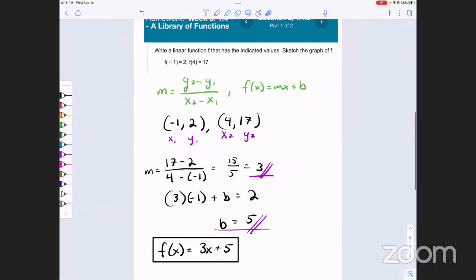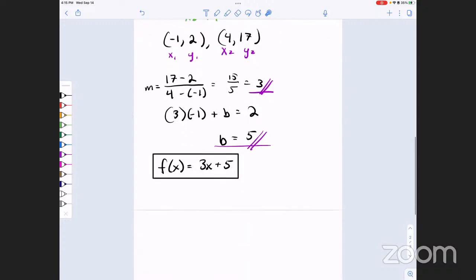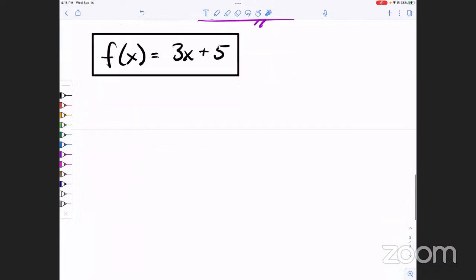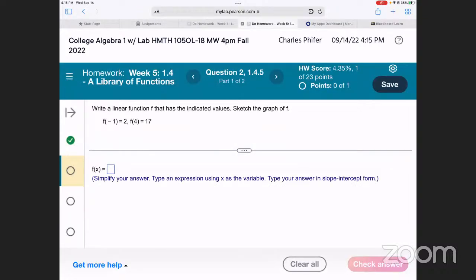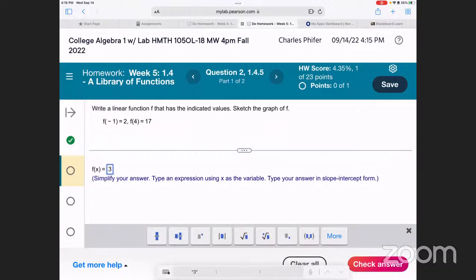Notice, when x is -1, we get 2, so that one checks out. When x is 4, 4 times 3 is 12 plus 5 is 17, so this one checks out. Okay. So 3x plus 5.